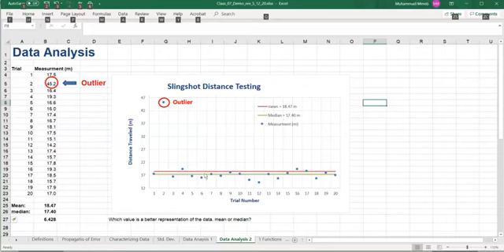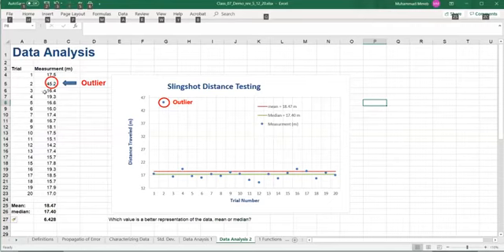We'll talk about how it impacts the mean for the data. So I put here the mean for the data as the red line, and the green line is the median. And you can see the mean is higher than the median, mainly because that outlier is increasing it.